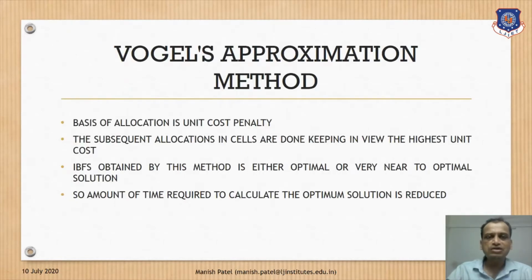So what is Vogel's approximation method? What we do here is, with the help of the transportation table, where we have sources, destinations and the unit costs available, the allocations are done keeping the highest unit cost in mind. Clear? We obtain the IBFS, the initial basic feasible solution.